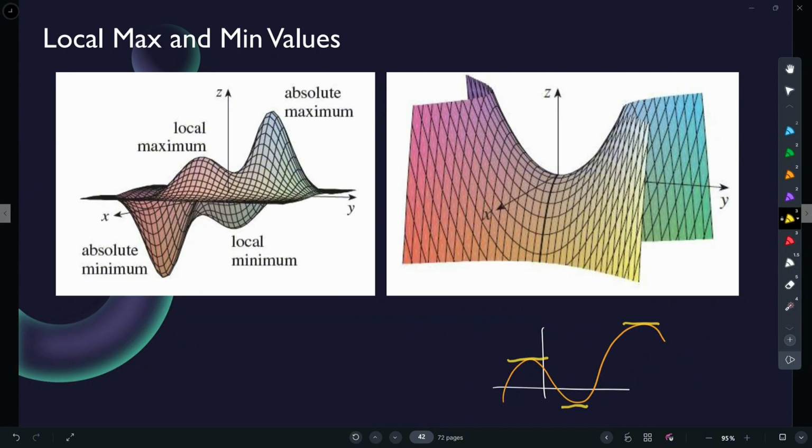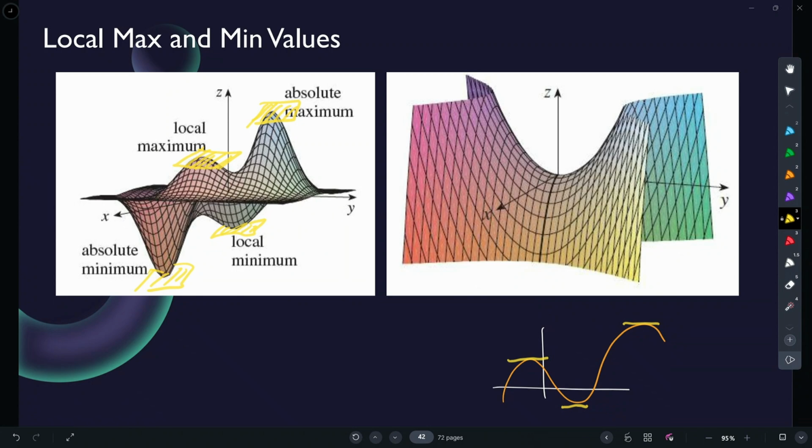If I want to know where there could be a possible absolute max or a local max, those will happen in places where the tangent plane is parallel to the xy plane. And similarly here, or here, those are all the points where I want to know what is happening.